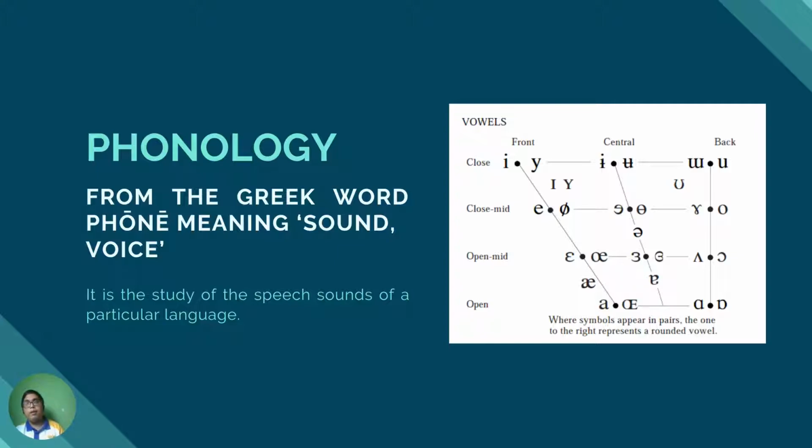Now let's try to compare the vowels that we use in Filipino and the vowels that we use in English. Of course, in English, we will be saying it as A, E, I, O, U, as compared to the Filipino version, which is A, E, I, O, U, right? That means to say that vowels alone can have different sounds and, at the same time, different ways of articulating them.